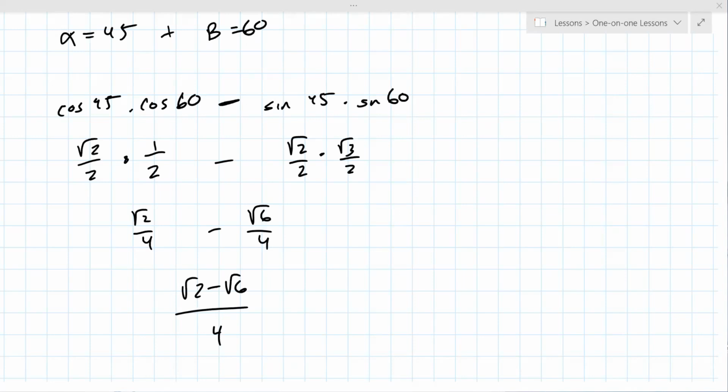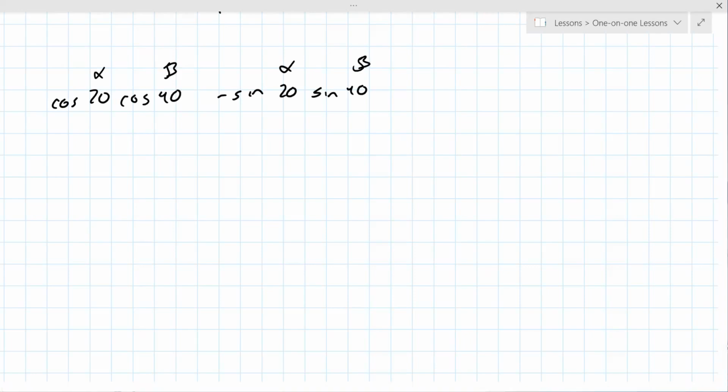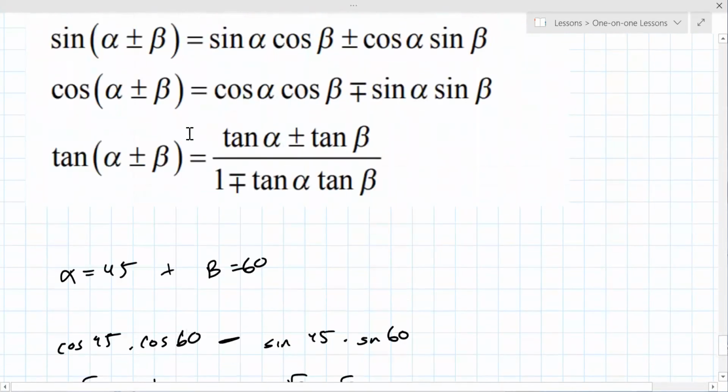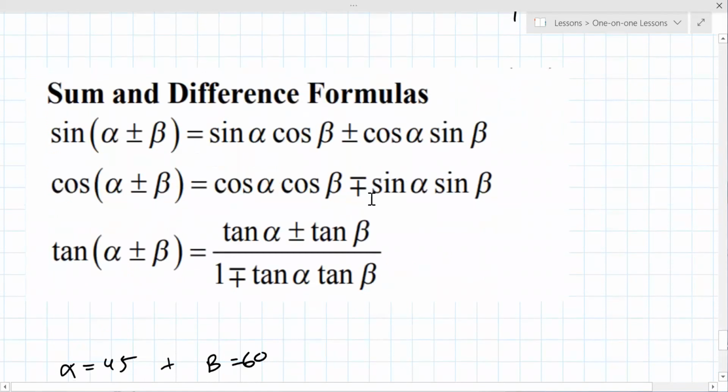Yeah. So this one here. Let me work through this here. So you got cosine 20, cosine 40 minus sine 20, sine 40. So this is your alpha, this is your beta, this is your alpha, this is your beta. Your book might use A and B. If you've gotten used to this pattern here, if we go back up, it's cosine, cosine, sine, sine.